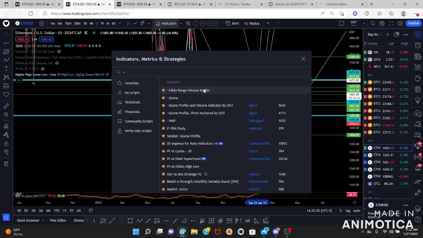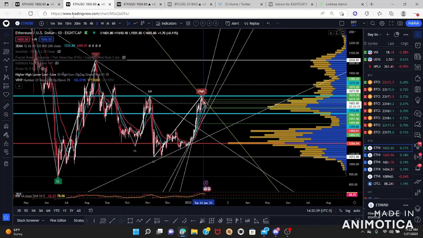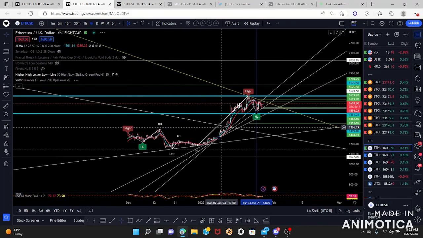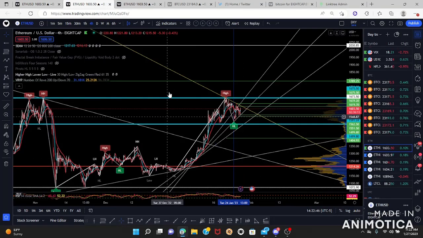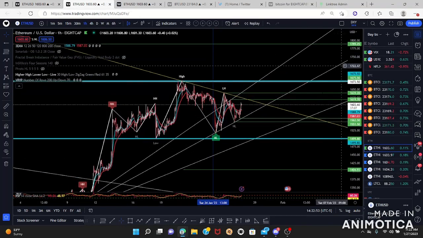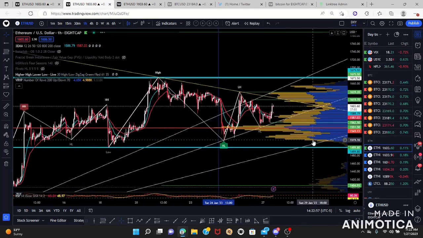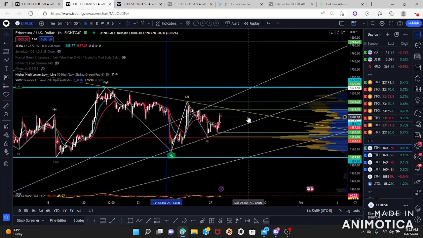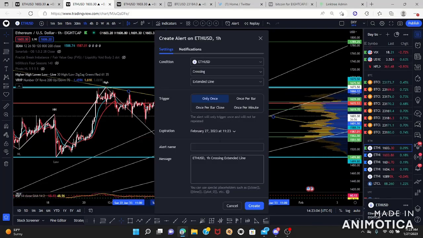visible range volume profile. It will help you find a good possible return where price could come back to. So it could come all the way down here if that's the case. It's playing within this wedge, this range here. So set your alarms at your highs, at your resistance. See if it crosses up.